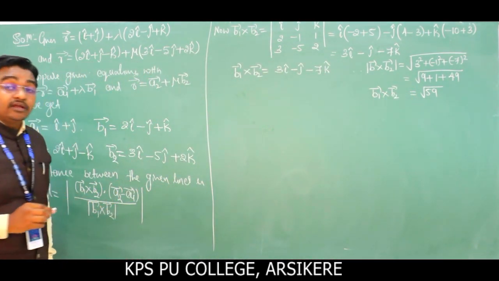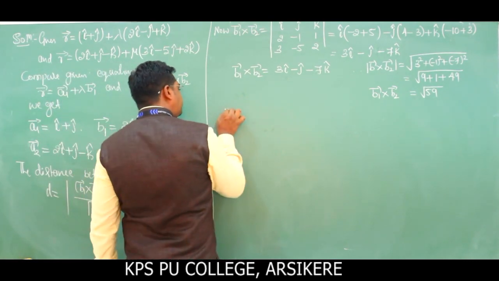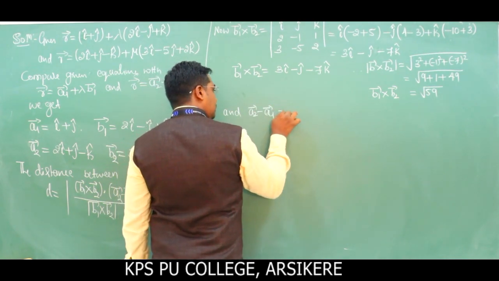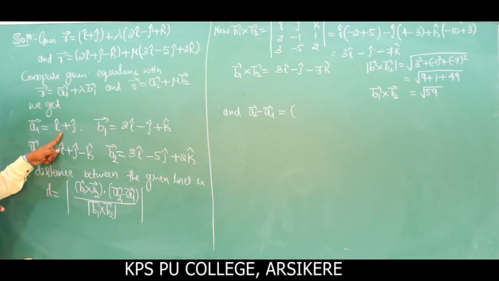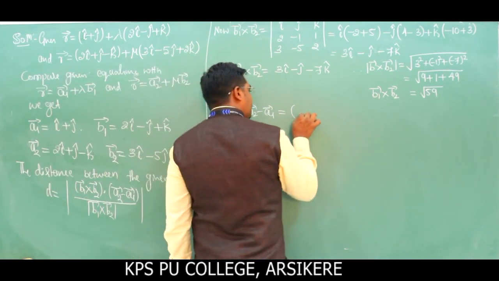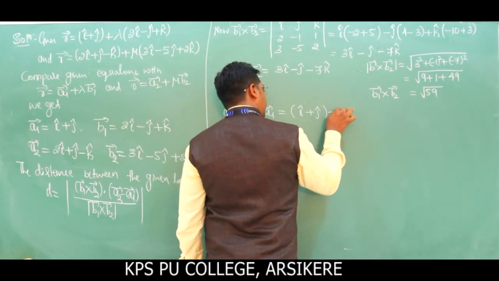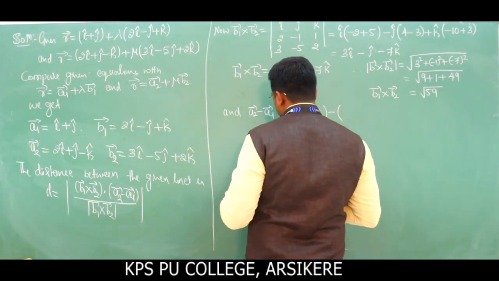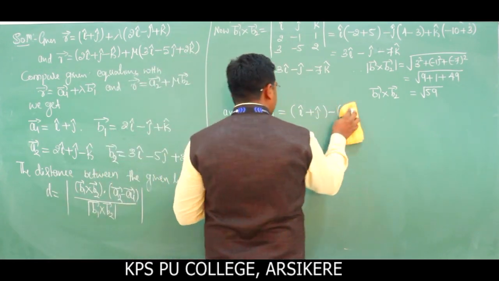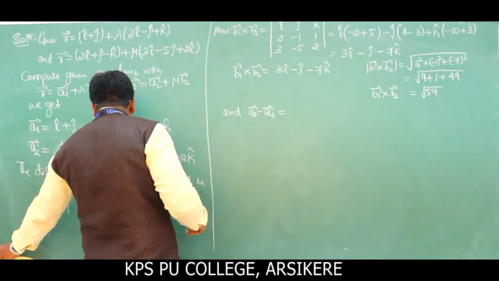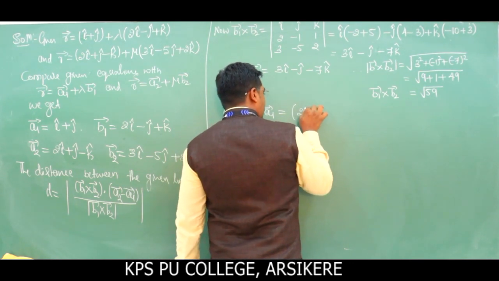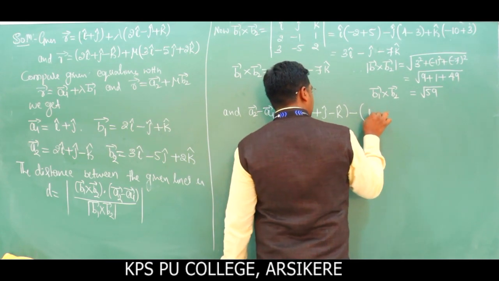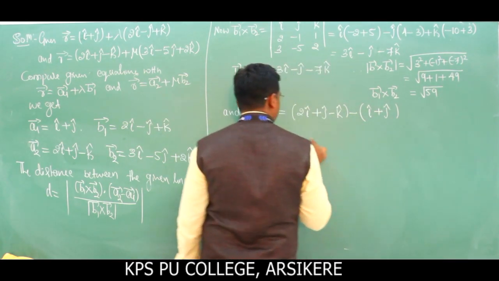Similarly we need to find a2 minus a1. What is the vector a1? i cap plus j cap. Sorry, first write a2. So what is a2 here? 2i cap plus j cap minus k cap, minus i cap plus j cap.